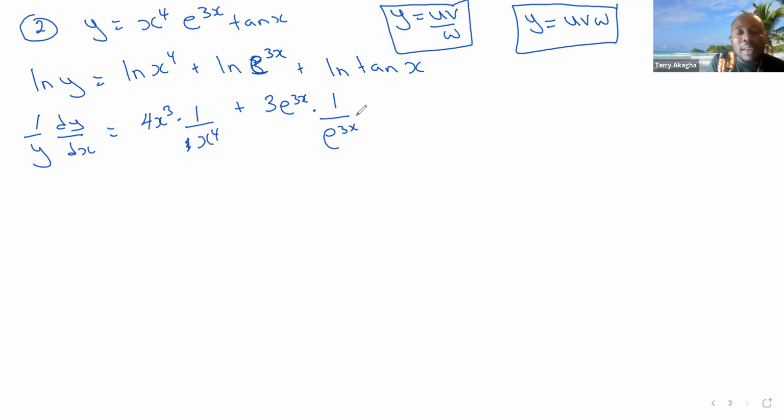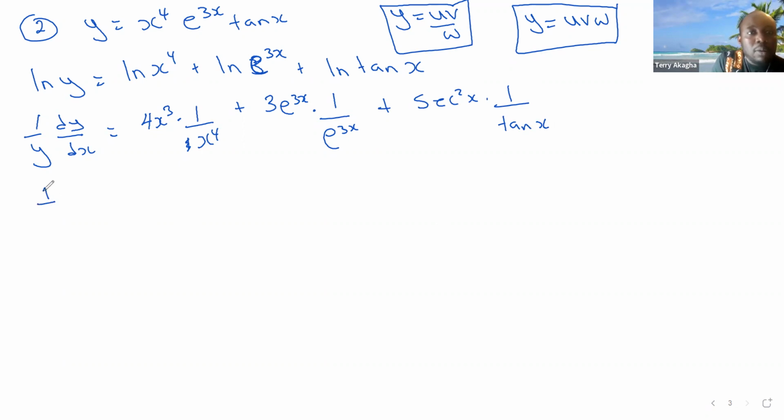So you see when I said that you should please make sure you review the standard derivatives as well as how to differentiate. Plus, and if you've missed my video on that, please go back and have a look and understand it. Now, tan x is the same thing. When you differentiate tan x, it's going to give you sec squared x dot 1 over what? Tan x. We're done. Then you simplify.